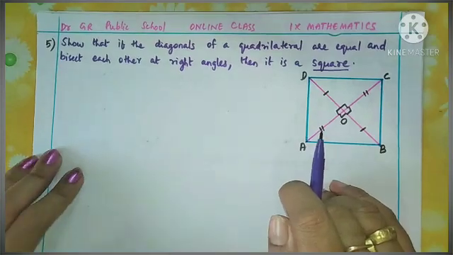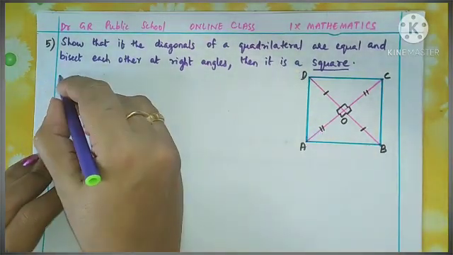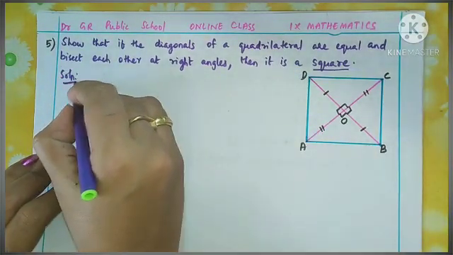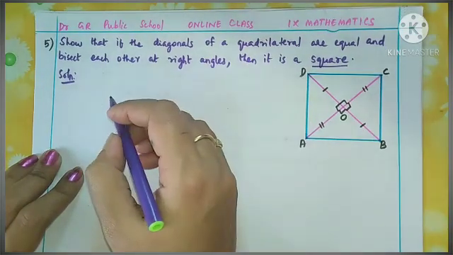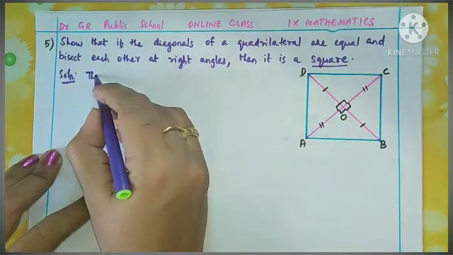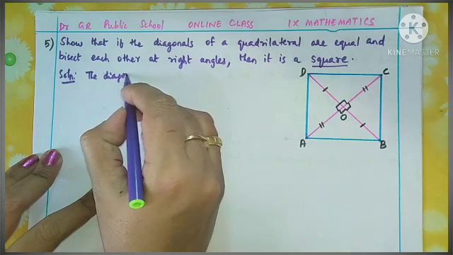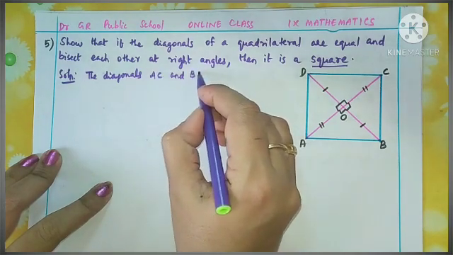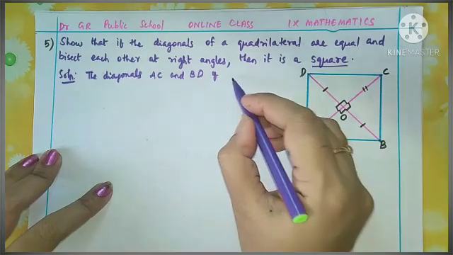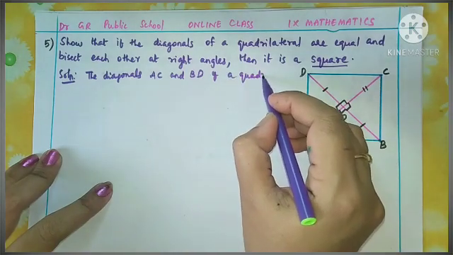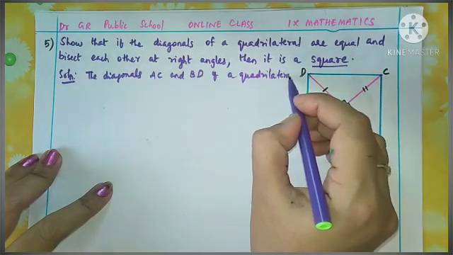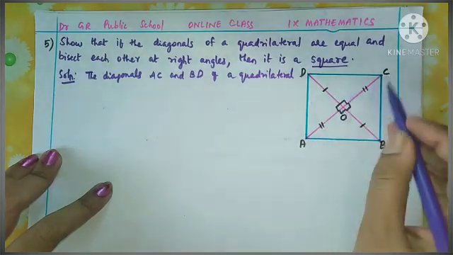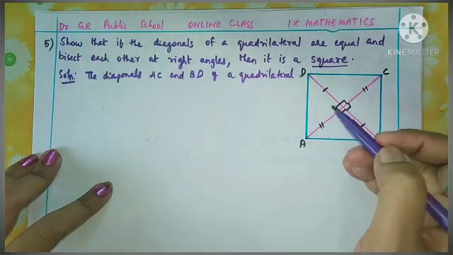Okay, so start the answer by writing the given condition solution. So what are the given conditions? The diagonals. What are the diagonals? AC and BD of a quadrilateral. So here it is not given what this shape actually is. We want to prove it is a square.